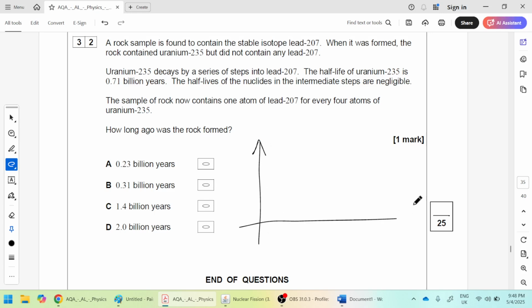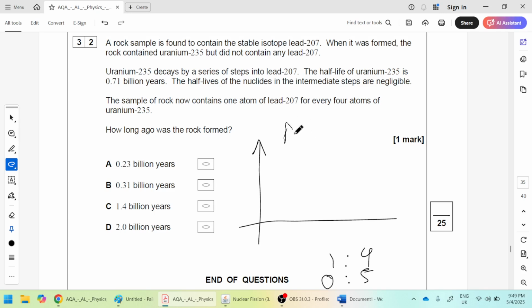Let's see. 1 atom of lead-207 for every 4 atoms of uranium-235. So a 1 to 4 ratio, which means that earlier it used to be a 0 to 5 ratio, which means now 20% has decreased. Yes, the amount of uranium has decreased by 20%.